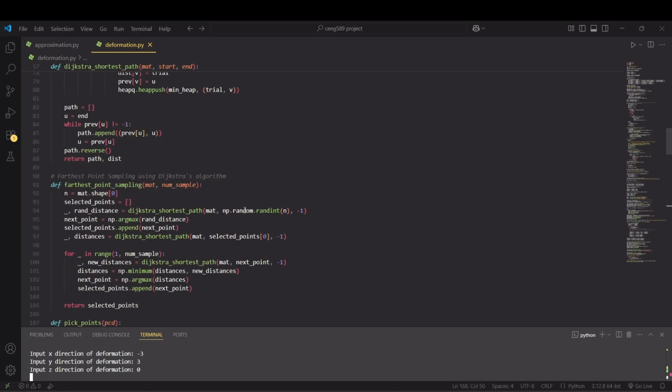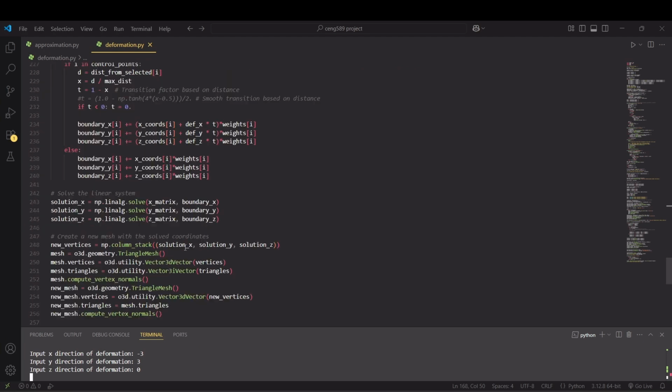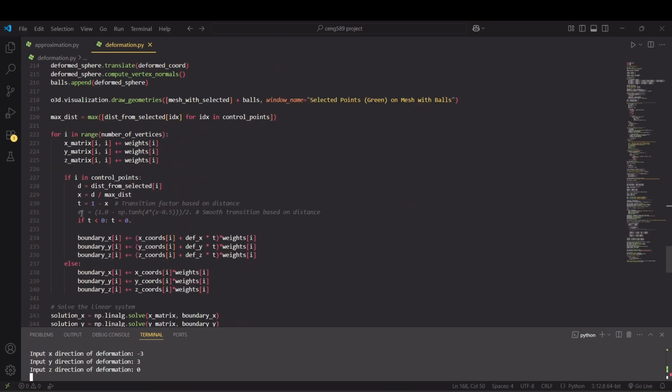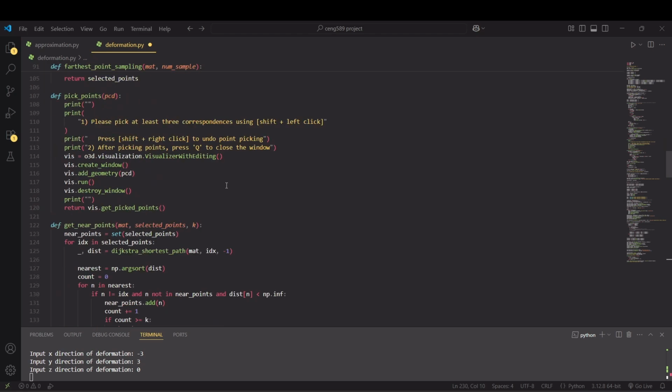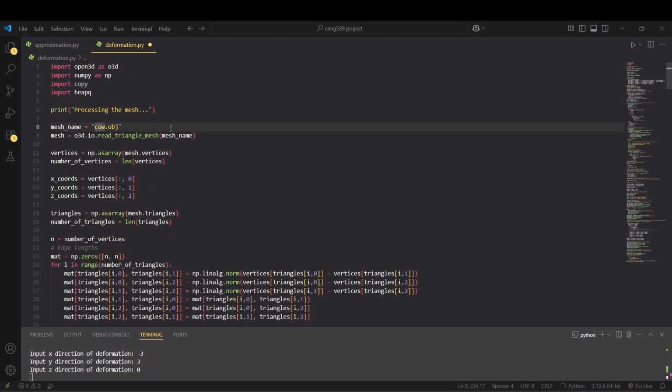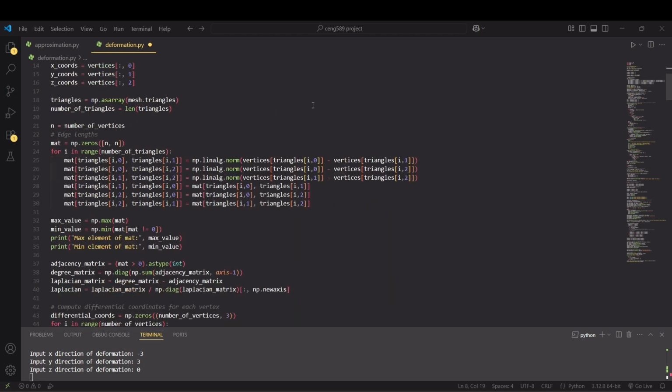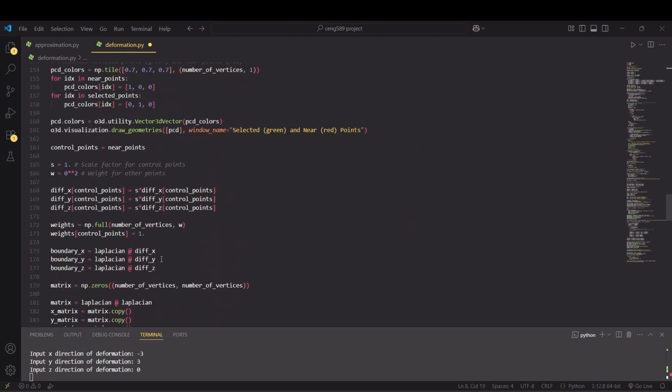For the hyperbolic tangent one, I'm changing the function here, and let me show it for the Homer mesh. Let me set w equals 0 also.